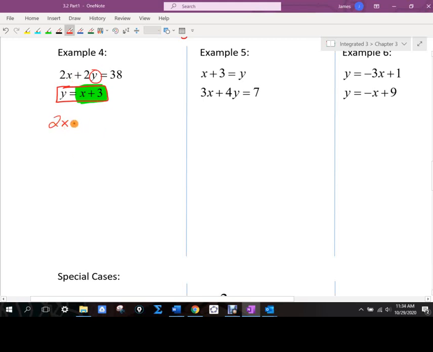So I'm going to have 2x plus then 2, because of that 2 right there, right? But now because I'm replacing y with multiple things, I'm going to put it in parentheses, and it equals 38, right? So what's the next step?